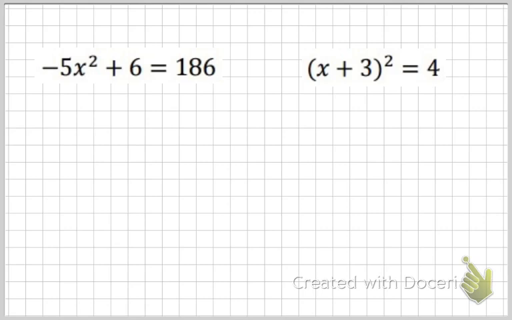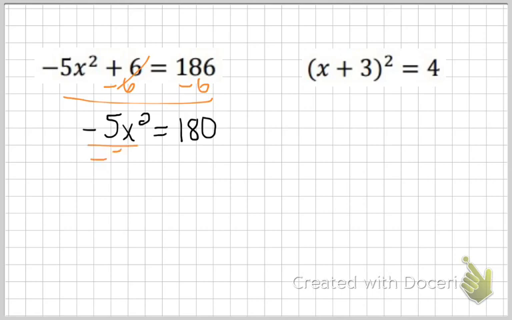Next example. We're trying to solve for x. There is only one x. It happens to be squared, but that's fine. We can isolate it. So we begin by subtracting the 6. And we get negative 5x squared is equal to 180. Next we divide by negative 5. And we get that x squared is negative 36.